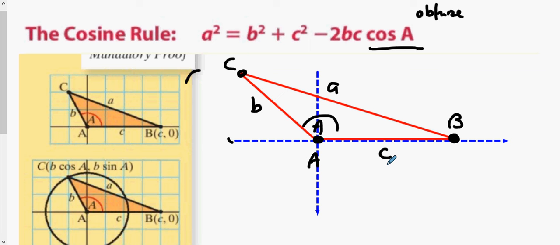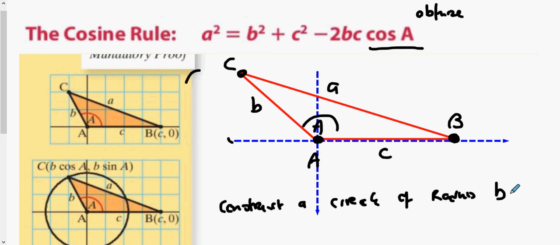Construct a circle of radius c. Is that alright? So, construct a circle of radius b. Now, you're probably wondering why I'm choosing radius b. The reason being is the answer's on page 13.